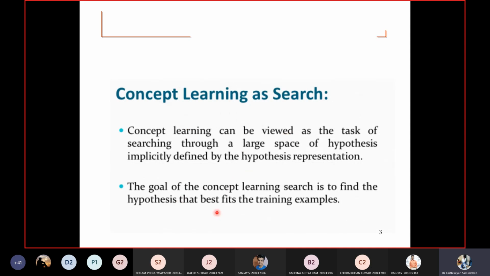So from this concept learning, we will identify the best hypothesis, right? Best hypothesis means we will collect some base sample hypotheses from the concept. For example, assume the concept is iPhone.